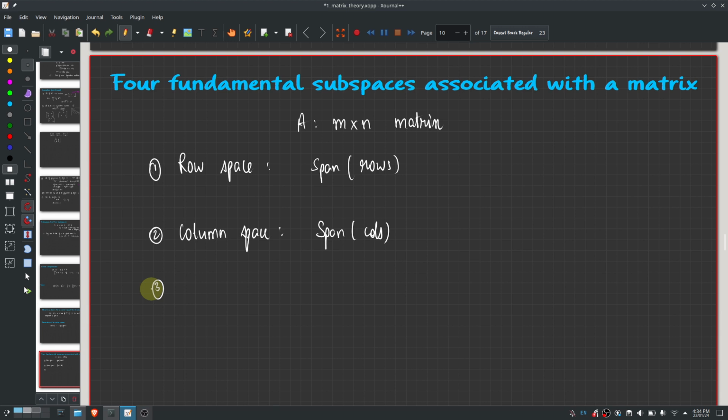The dimension of the column space, which is equal to the number of linearly independent columns, that's called the column rank or simply the rank. Okay, and that's because the row rank is always equal to the column rank.